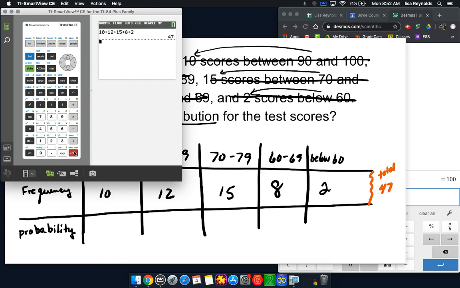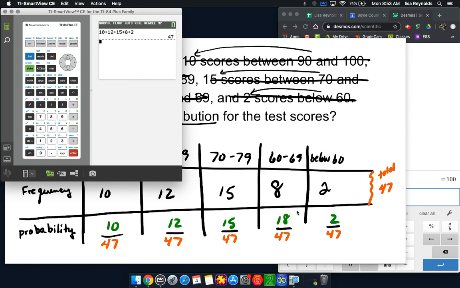So when we deal with our probability, that 47 is our bottom number each time. Then we go through and we fill in our frequency. So we have 10, 12, 15, 8, and 2.